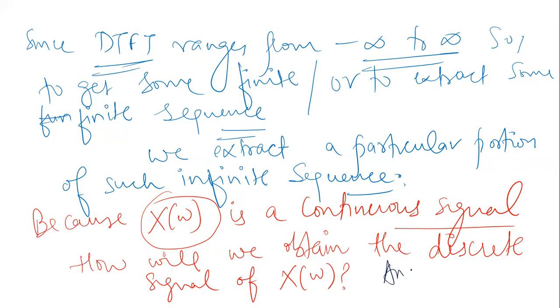The answer is by sampling x omega. We will sample x omega, and by sampling x omega we can find out the discrete signal of this x omega, which is continuous in nature. Means x omega is continuous in nature, but we can obtain some discrete signal out of this.